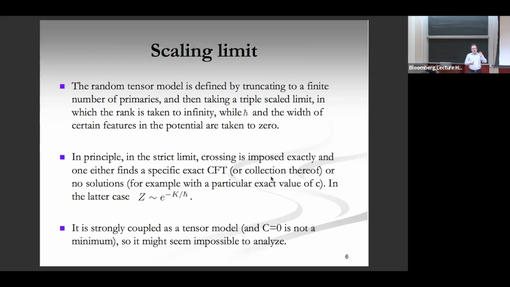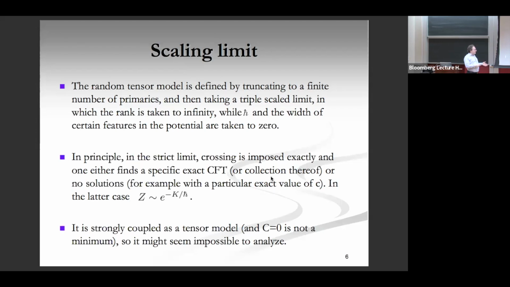But there's also another scaling, which we'll see in a moment, related to the structure of the potential itself. It has some functions in it that become singular in this limit. So we take this whole thing as a combined limit. And as I said, in principle, in the strict limit h bar goes to 0, crossing is imposed exactly, and either you find some exact CFT or collection of them, or no solutions.